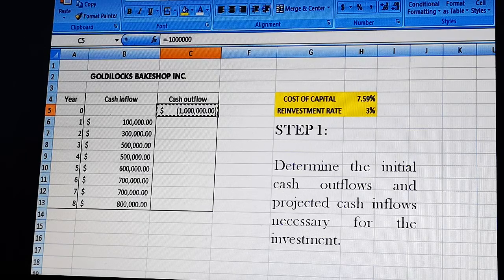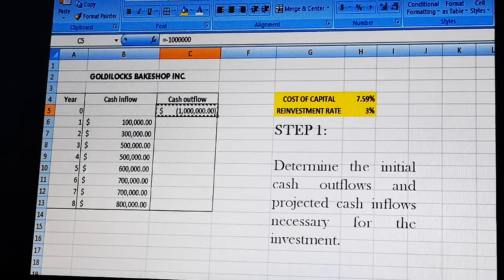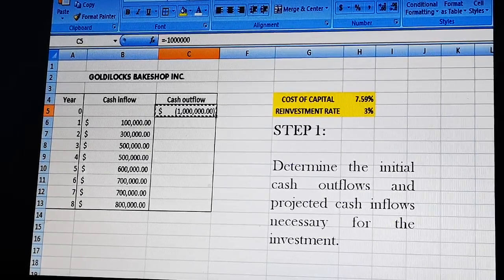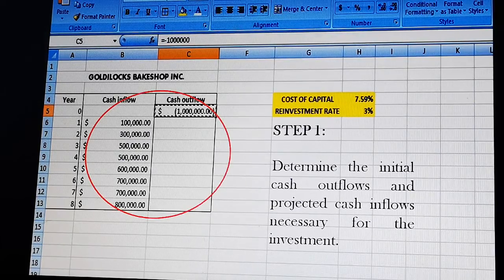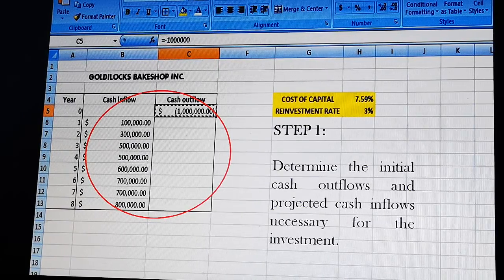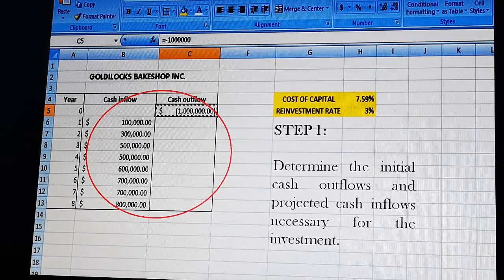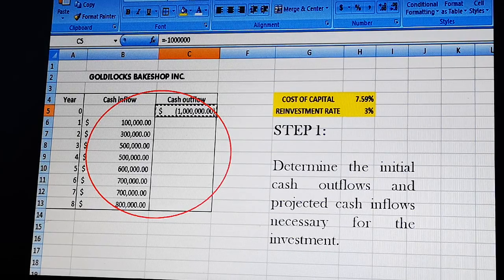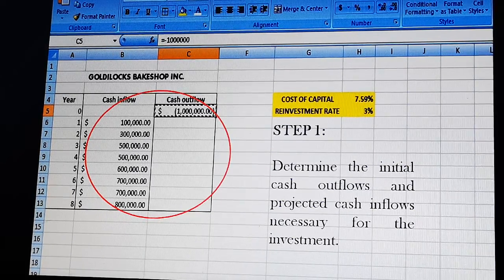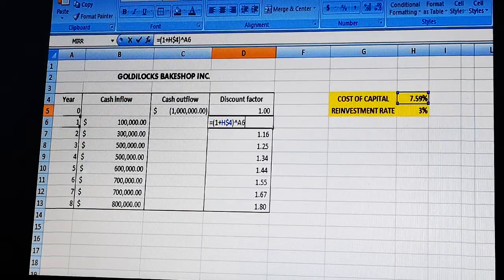For step 1, we need to determine the initial cash outflows and projected cash inflows necessary for the investment. For the cash inflow, it could be the reduction of cost or salvage value and incremental revenues. For the cash outflows, it could be the initial investment, operating costs, or the working capital for the said project.